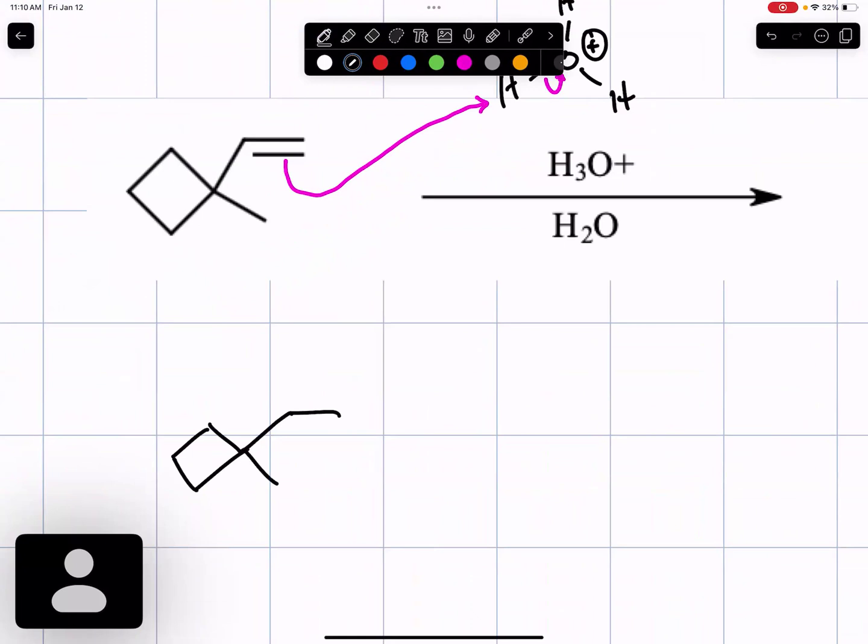Where is my positive charge now? And also, where would I have placed that proton? Would I have placed it here, or that hydrogen? Would I have placed it here or here? So 1 or 2, where would I have placed that hydrogen? Somebody speak up. Where do I place that hydrogen? At position 1 or at position 2?